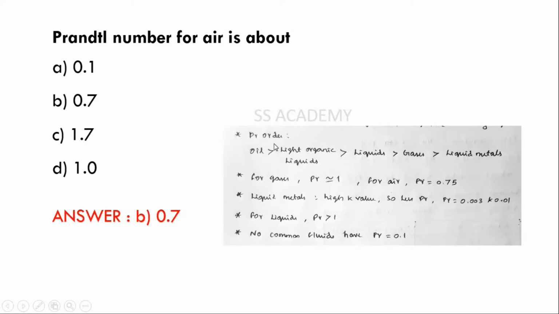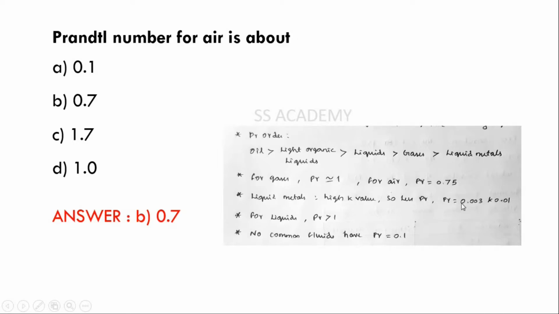Here the Prandtl number order is given. Oil has the highest Prandtl number value, then light organic liquids, then liquids, then gases, then liquid metals. So oil has high Prandtl number and liquid metals have low Prandtl number value. For gases, Prandtl number is approximately equal to 1. For air, the Prandtl number is 0.7. Liquid metals have high k value, thermal conductivity value, so that's why they have less Pr value.